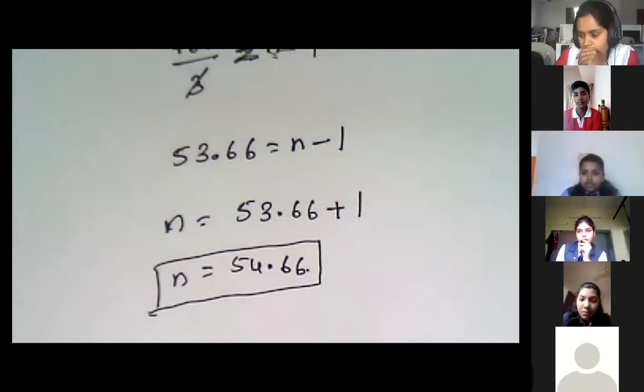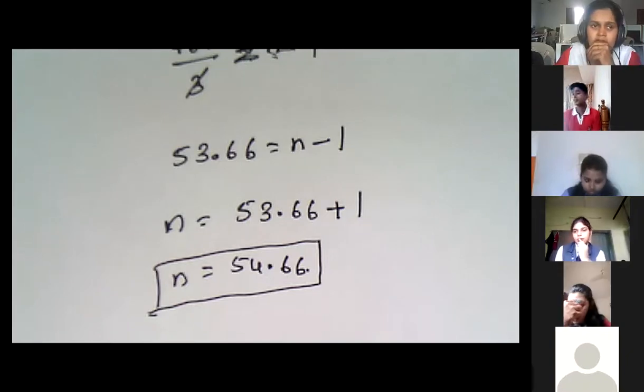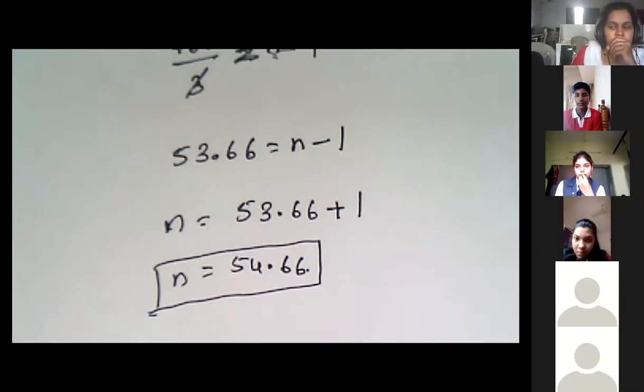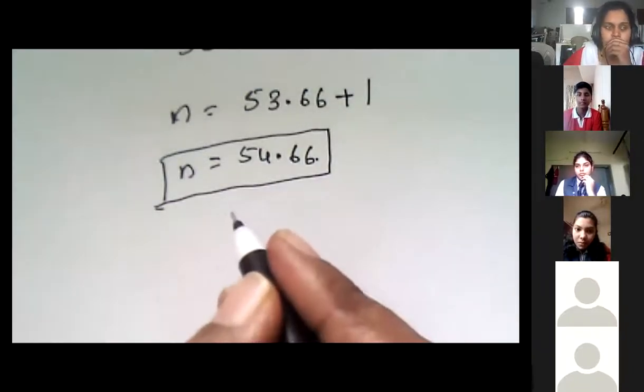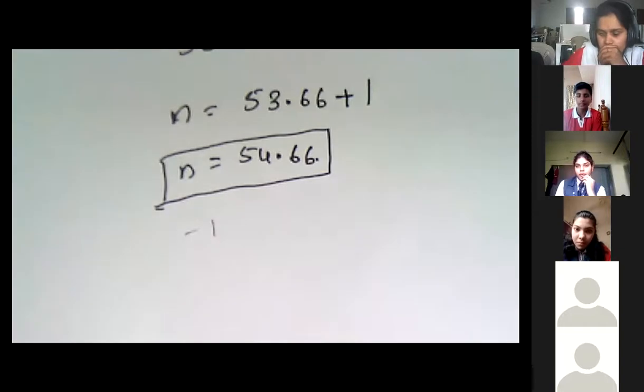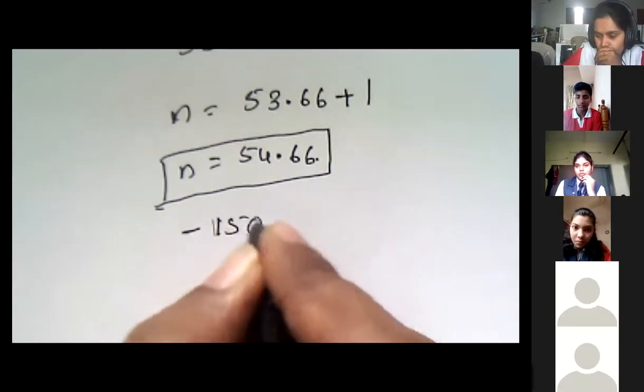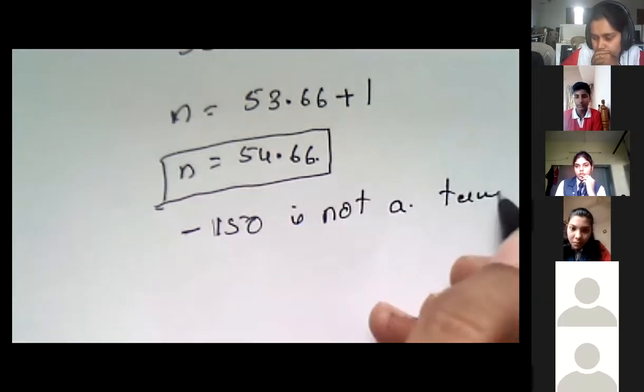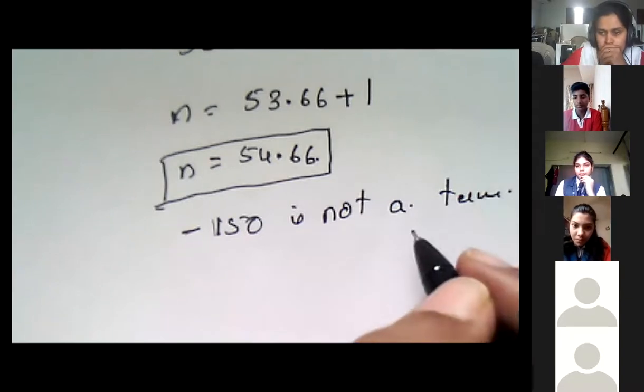The term should be like the 55th, 56th, 57th or 50th term. We have never come across a 54.66th term. We can write: minus 150 is not a term of this series. Any doubt, children? Got it?